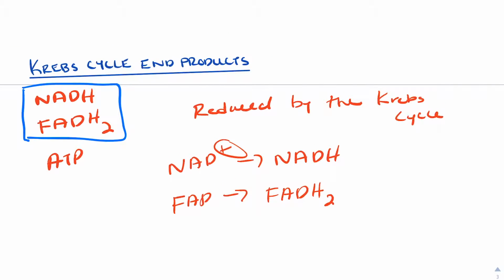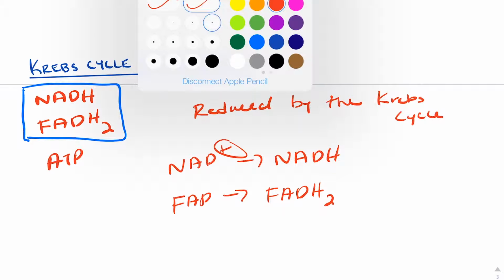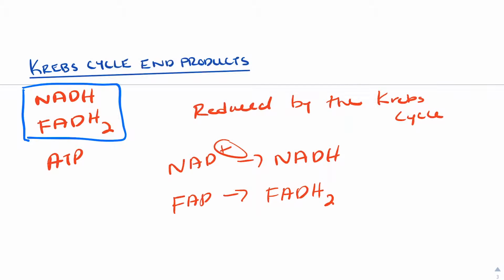And the reason for this is because the electron transport chain, also known as oxidative phosphorylation, does just that. It oxidizes these end products from the Krebs cycle. So it's like a cycle, exactly, Krebs cycle. So we take these molecules that were reduced by the Krebs cycle, they are oxidized by the electron transport chain.